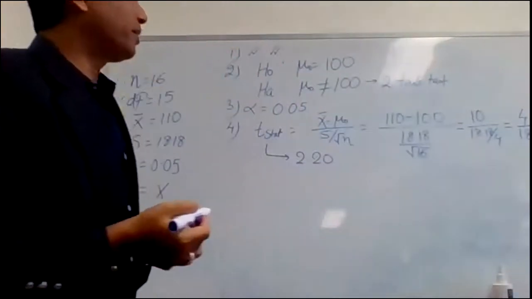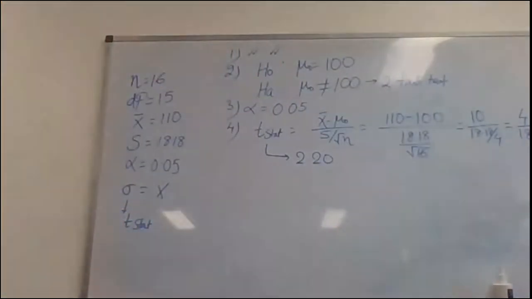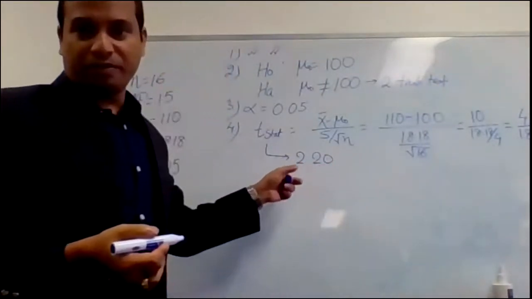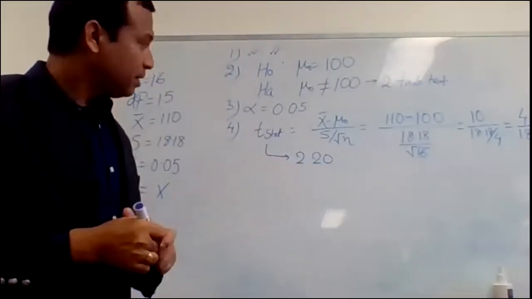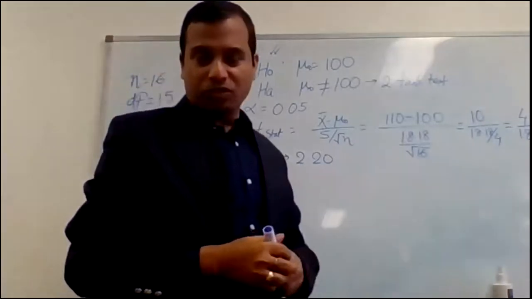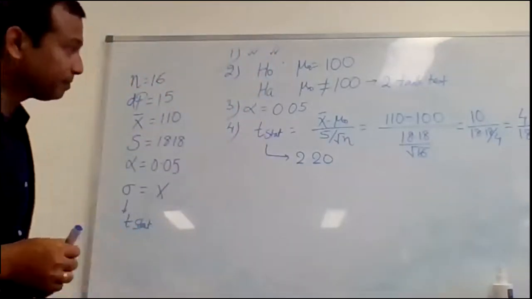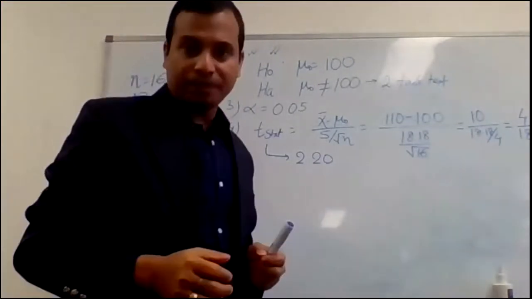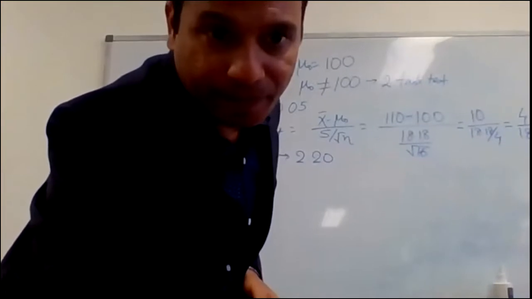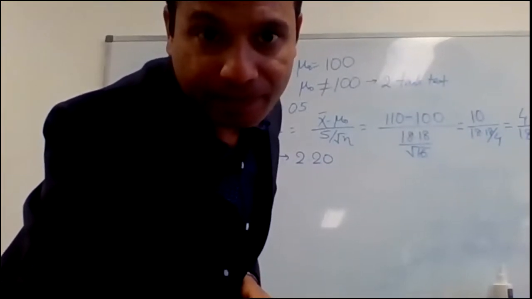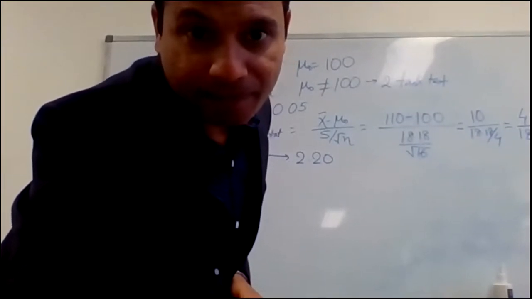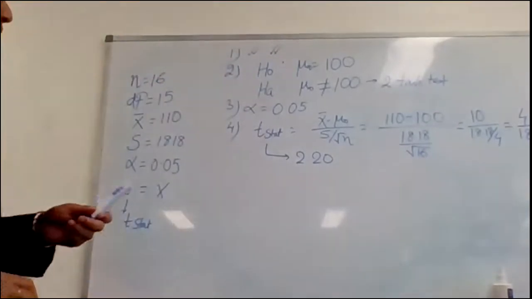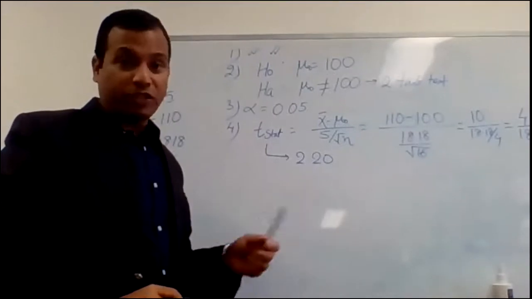Yes, 2 point something, so exactly 2.2 something, but rounding off will give you 2.20. Did you get this value? Others, could you confirm? Did you get the 2.20?